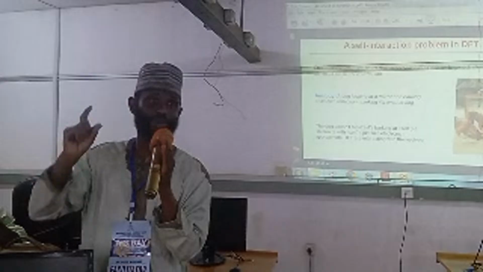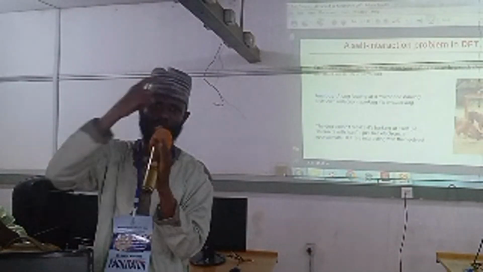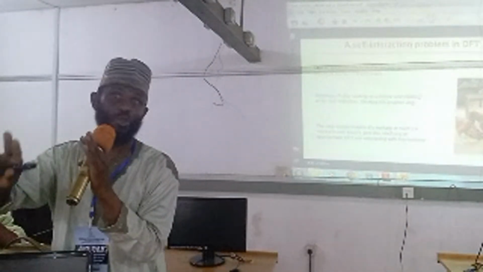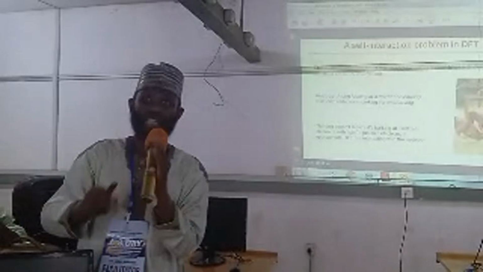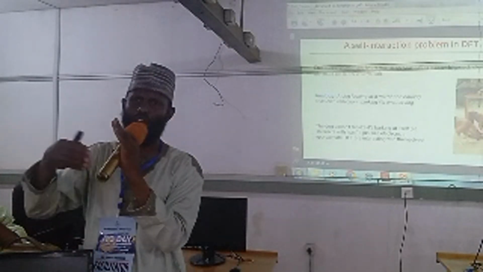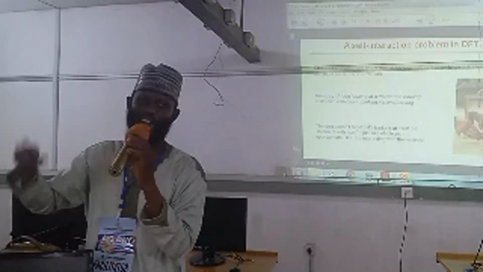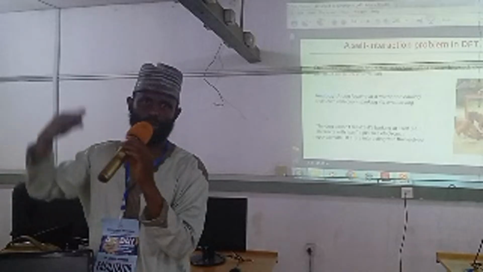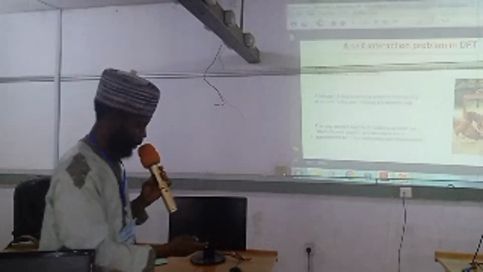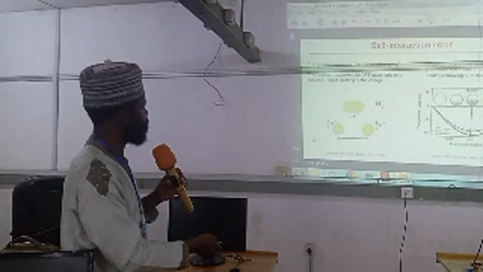When you compare with other results, you find that the result you got using this is very closely matching the experimental result, even though some people are using this U on other elements that are not traditional. So this is just about self-interaction.